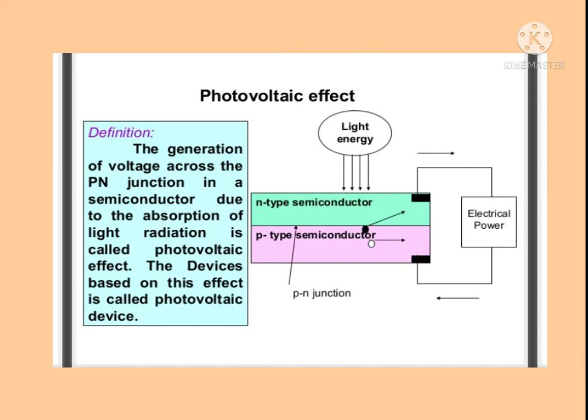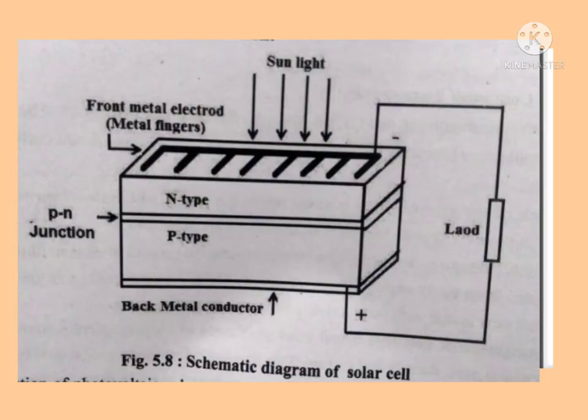Solar cell or photovoltaic cell is the basic unit of a system where photovoltaic effect is utilized to produce electricity from light energy. As shown in the diagram, a thin layer of N-type semiconductor having thickness less than 1 micrometer is grown on a thicker P-type semiconductor. P-type layer of semiconductor is the base of the cell.